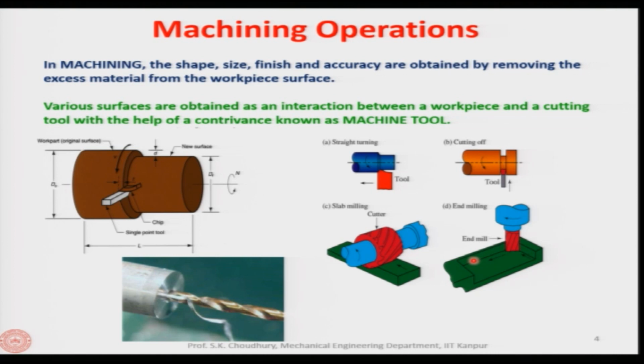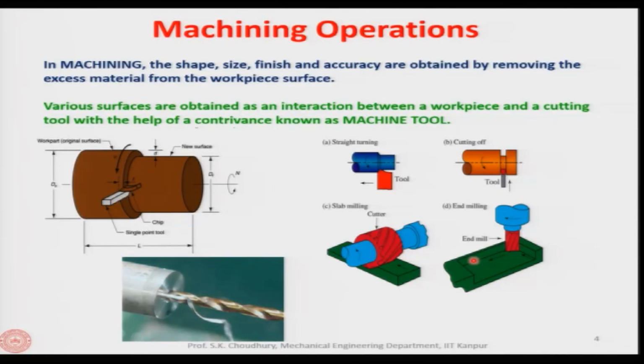For example, if the workpiece is rotating and the tool is moving parallel to the workpiece axis, in that case you know that we will be getting a cylindrical surface. If the tool moves not parallel to the workpiece surface, but at an angle, we will be getting a tapered surface. The tapered surface can be an external tapered surface or an internal tapered surface, for example.